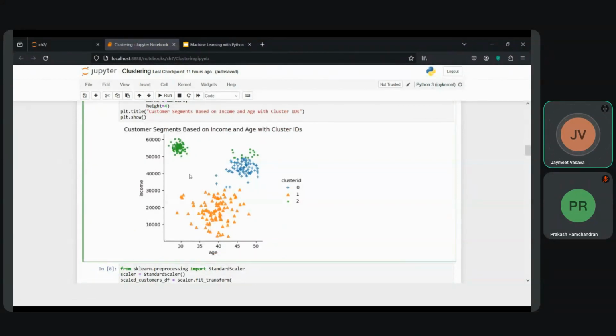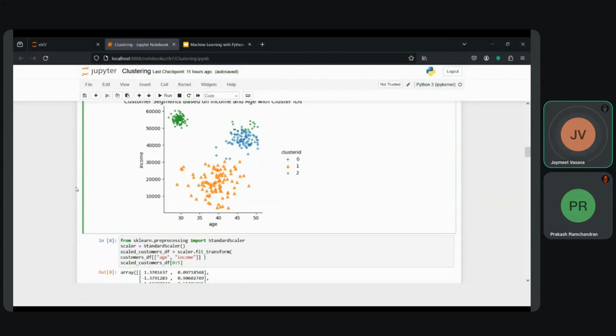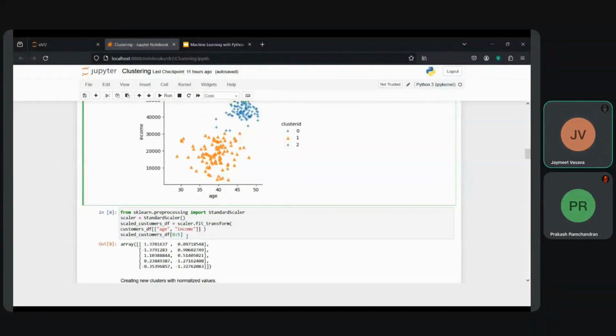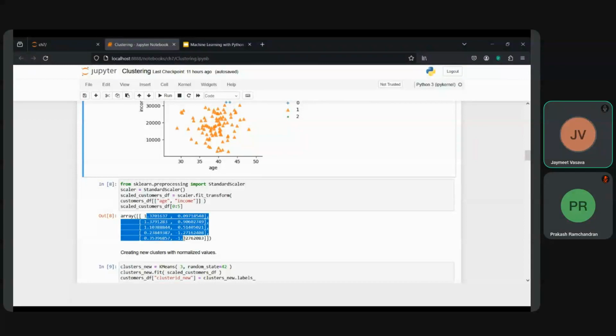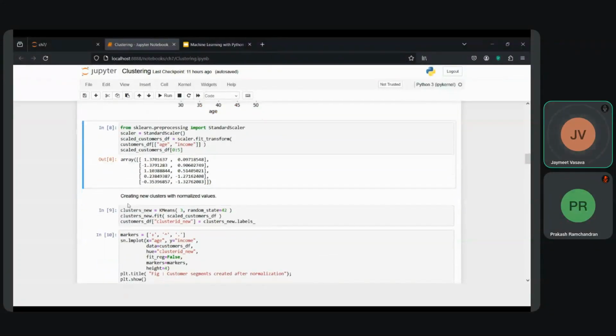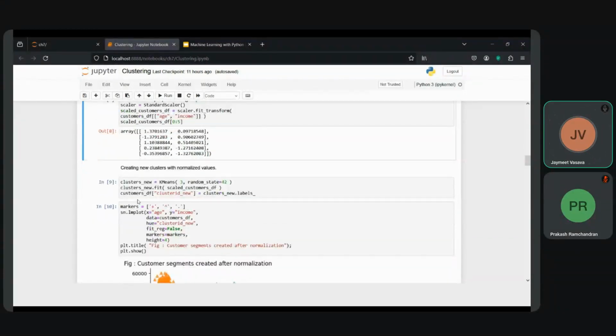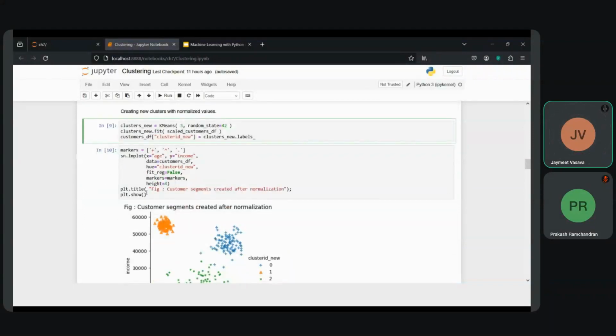And you remember that we talked about normalization, and income being more dominant while being plotted on the graph. So we normalized the values of income and age, both of them. These were the scaled values. We created a new cluster ID and then normalized those values.